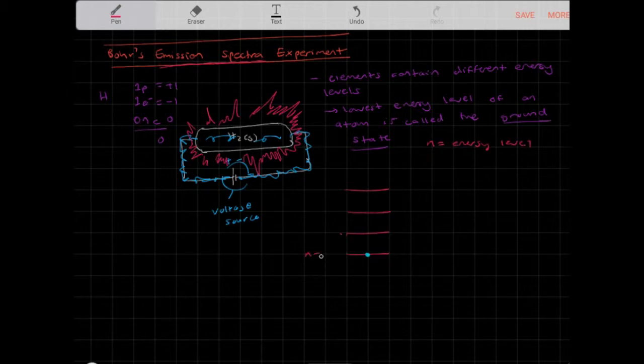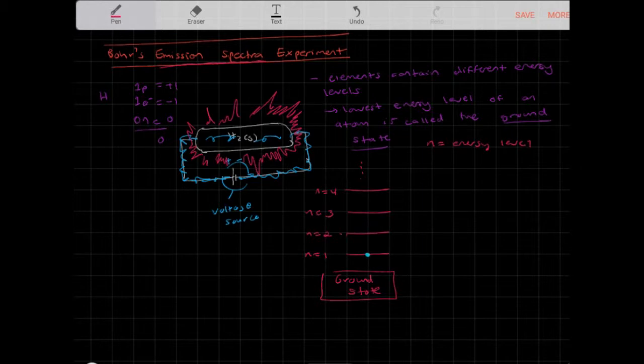So this is n is equal to 1, the first energy level, n is equal to 2, the second energy level, n is equal to 3, and so forth. And the lowest energy level is called the ground state. That's basically where the electron is going to be located if energy isn't being added.